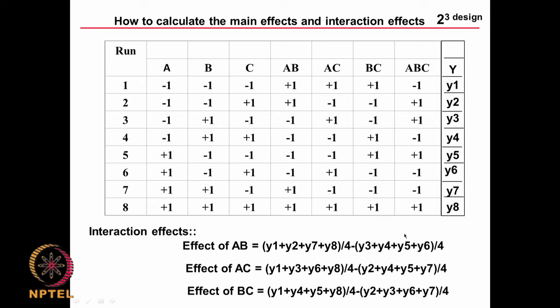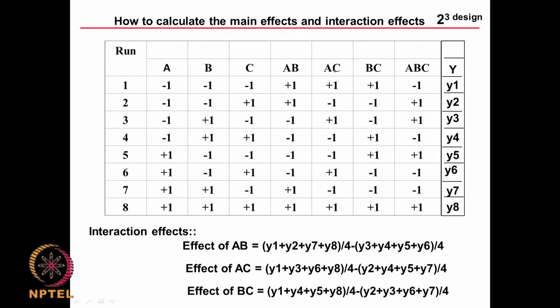So, when you do a well planned out factorial design, the results analysis also becomes very simple. First we have the results, then we can perform an ANOVA, we can find out what are the main effects that are important. Then if there is any interaction also we can calculate using this. So, it is very nice.